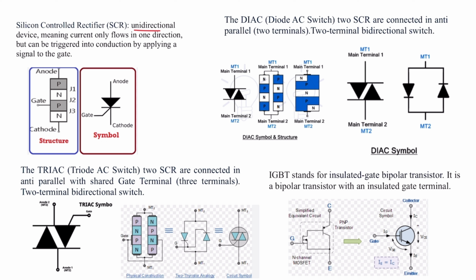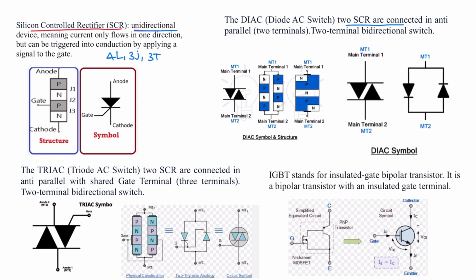It is a 4-layer 3-junction 3-terminal unidirectional device, whereas diac is 2 SCRs connected in anti-parallel.